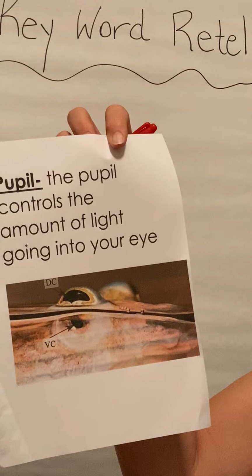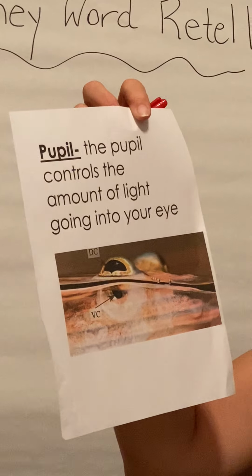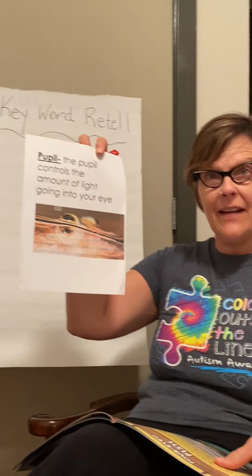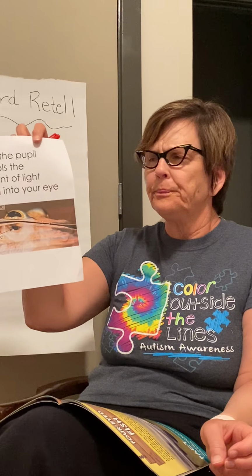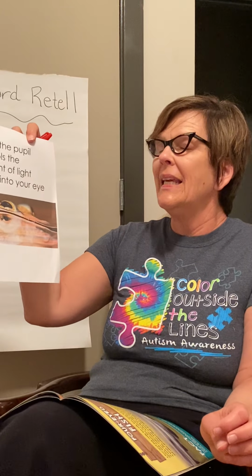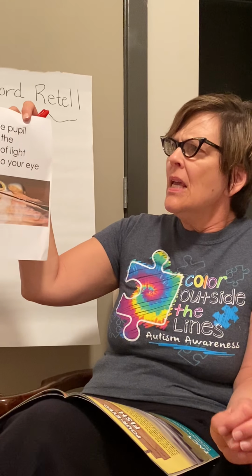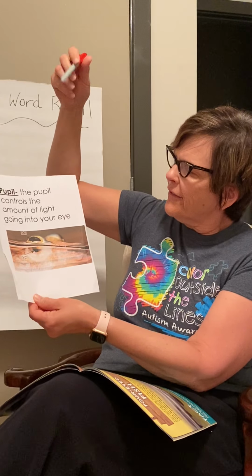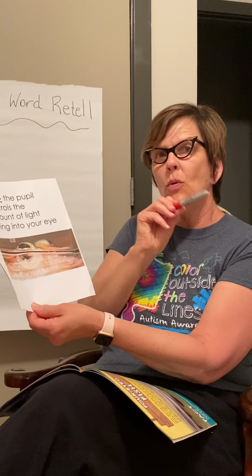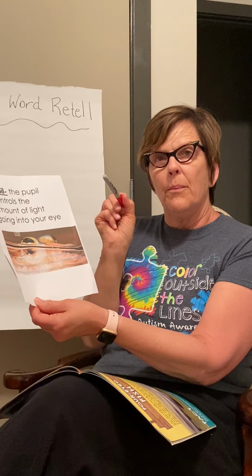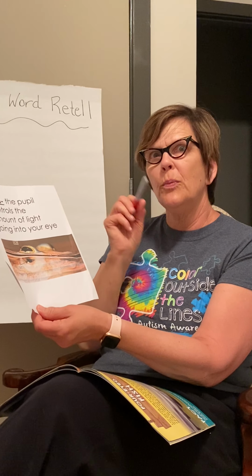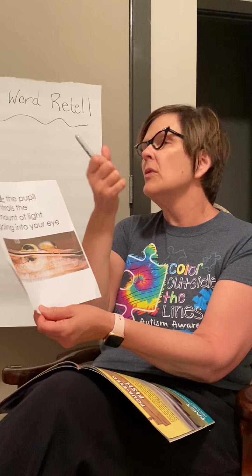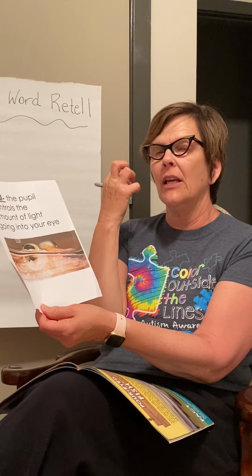eye. So this particular animal, it's called the four-eyed fish that we're going to read about and figure out some keywords, a keyword. What's really cool about this one is this four-eyed fish has two eyes, but both eyes have two pupils in them. Remember, pupils is the amount of light that goes in.